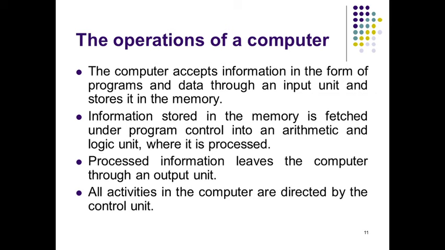The processed information leaves the computer through an output unit. All the activities inside the machine are directed by the control unit. So these are the operations of a computer.